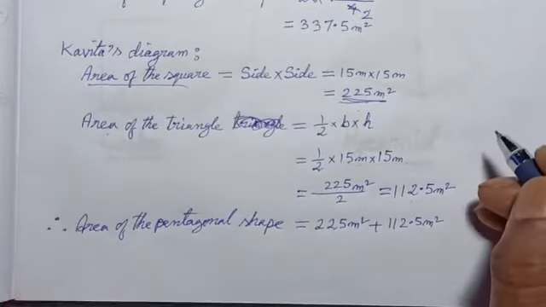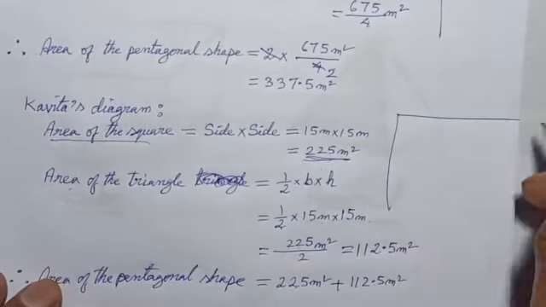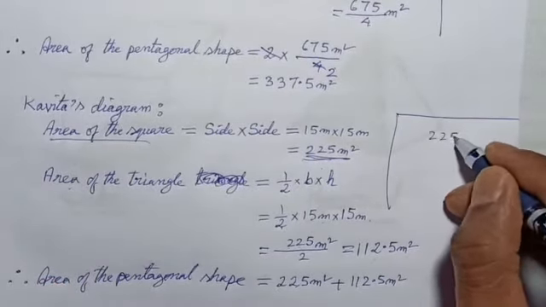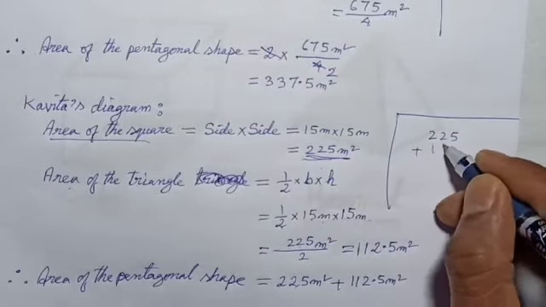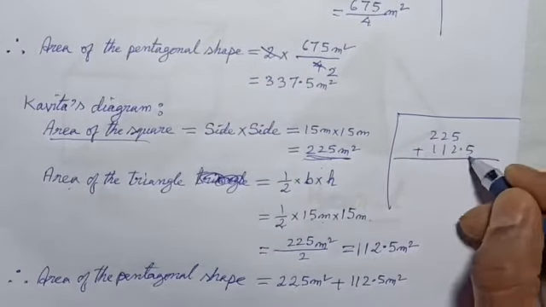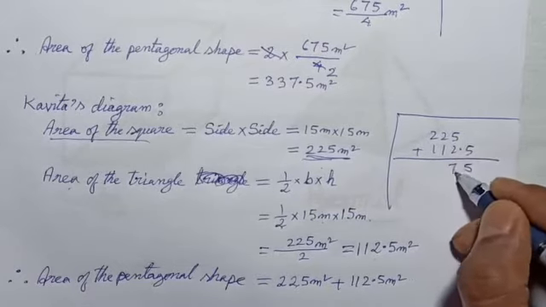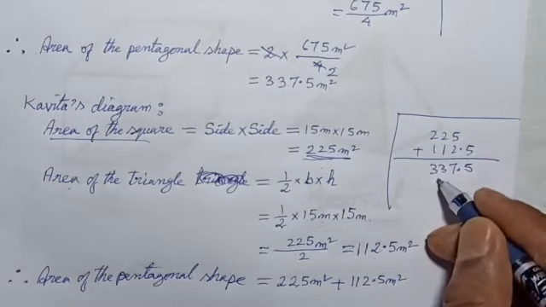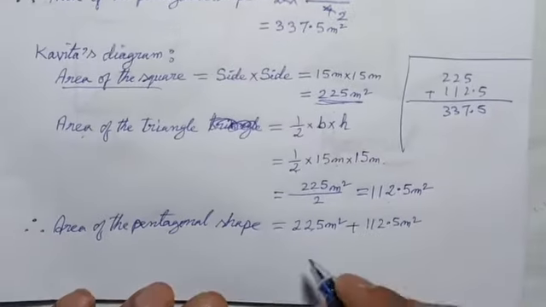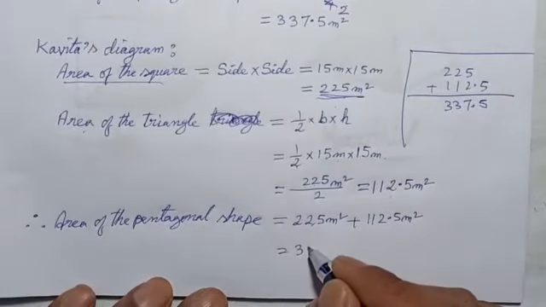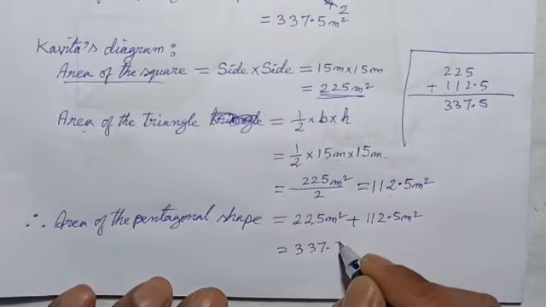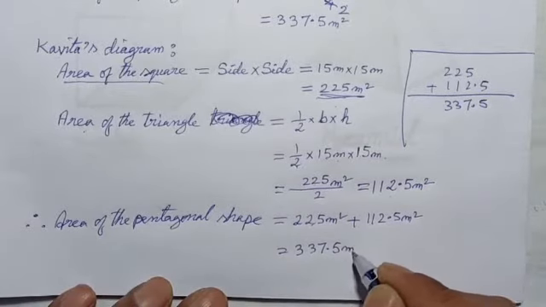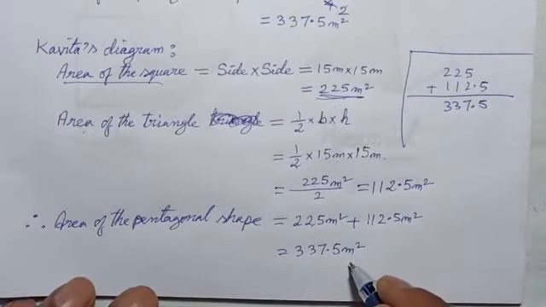Now let's add together. 225 plus 112.5. 5 plus 2 is 7. 2 plus 1 is 3. 2 plus 1 is 3. We are getting 337.5 meter square. This is the area of the pentagonal shape.